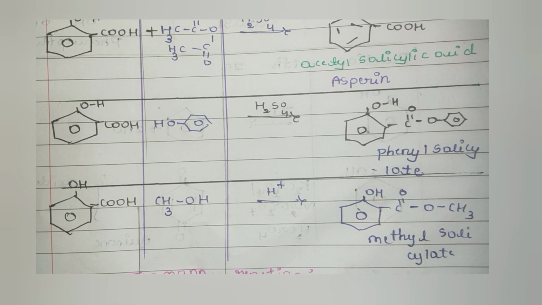Some examples: when salicylic acid is treated with phenol in the presence of H2SO4, it gives phenyl salicylate. When salicylic acid is treated with methanol in the presence of acid, it gives methyl salicylate. If ethanol is used in this reagent, it replaces the methyl and gives ethyl salicylate.